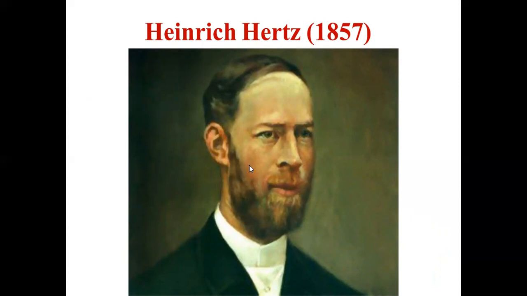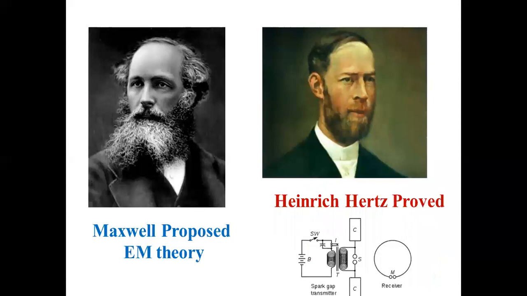So you must know how to credit the two scientists. Maxwell proposed the theory, and Heinrich Hertz proved the electromagnetic wave theory. So who proposed electromagnetic wave theory? Maxwell. Who proved electromagnetic wave theory? That is Heinrich Hertz.